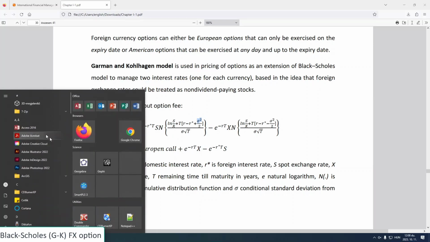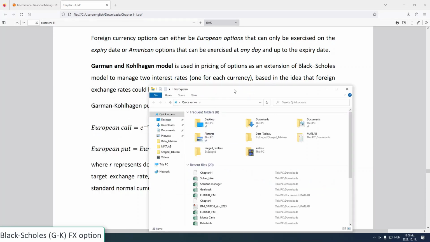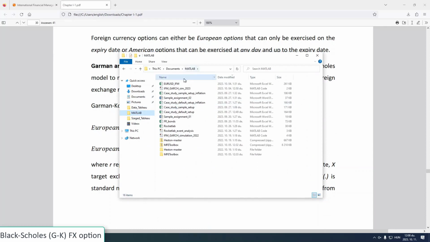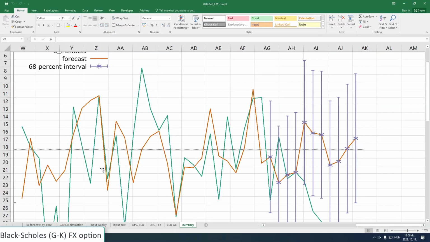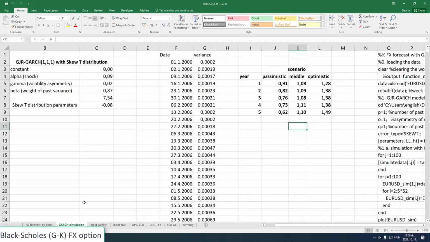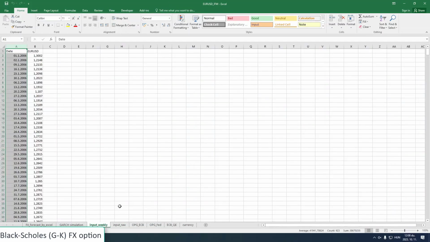Okay, first of all we need the data. So I have to find my data set. Matlab. This is last week's input weekly.